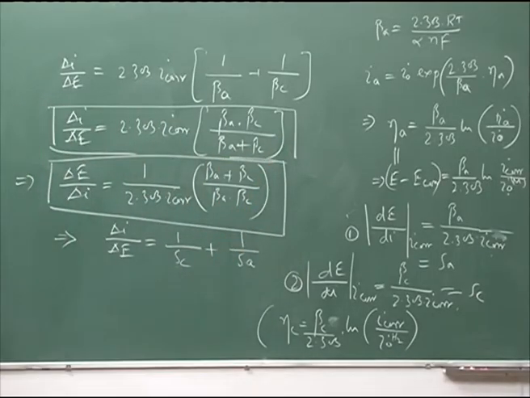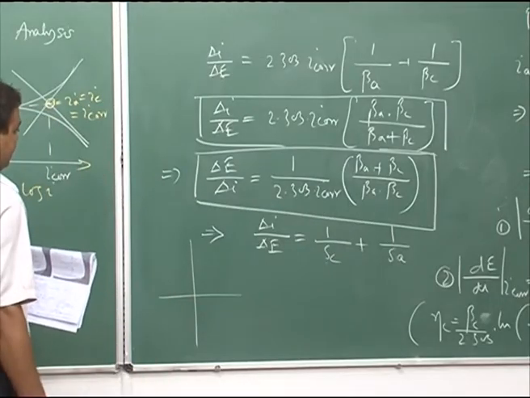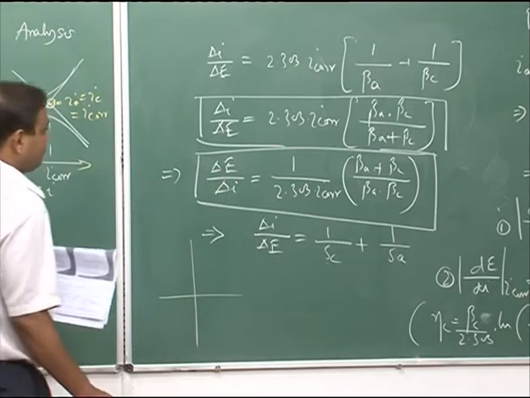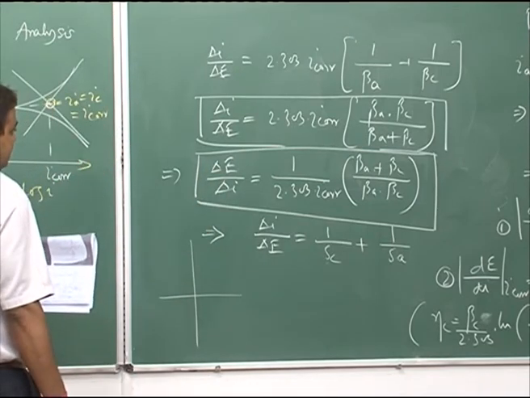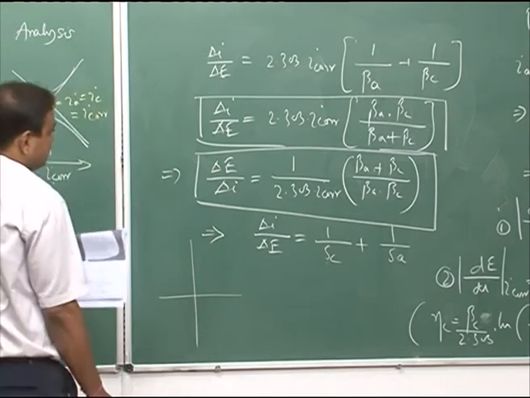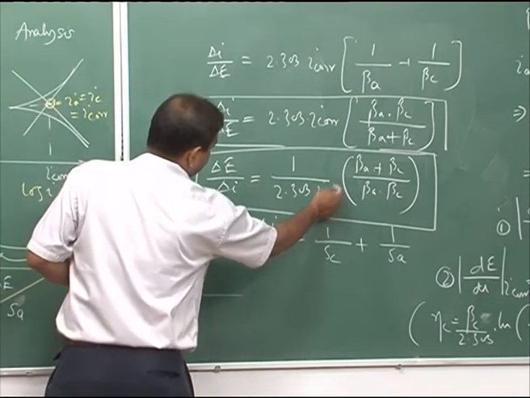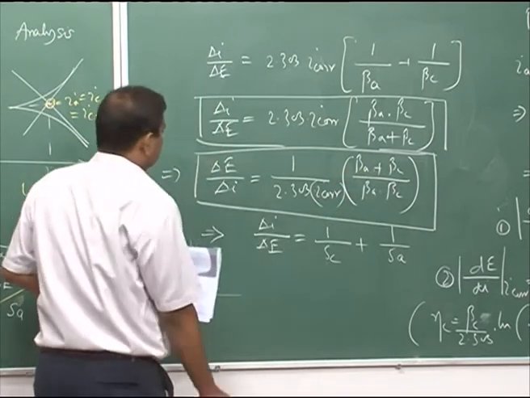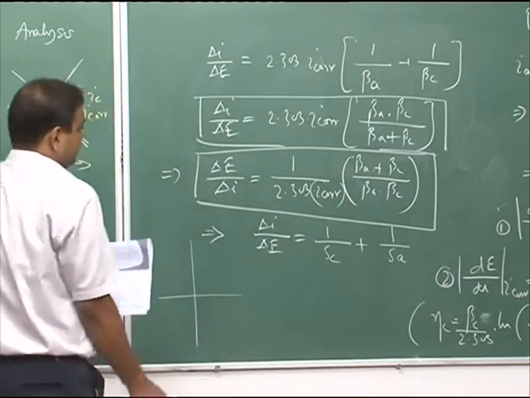We see that whenever we have a small over voltage, then the slope of that over voltage versus current plot can give you the I corr value, because this one we know, and if we know this, then we can get this.